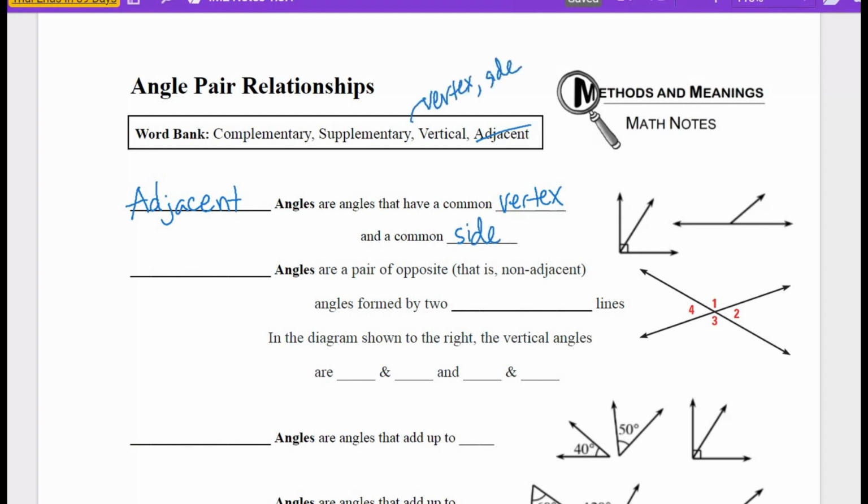We have vertical angles, which are a pair of opposite, meaning non-adjacent angles, formed by 2 intersecting lines. Now in the diagram shown to the right, the vertical angles are angles 4 and 2, as well as angles 1 and 3.